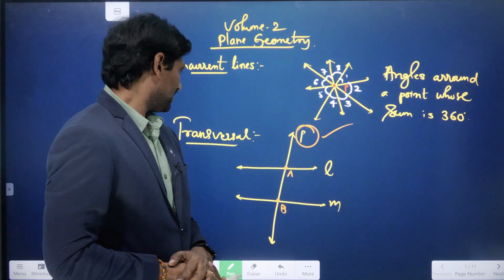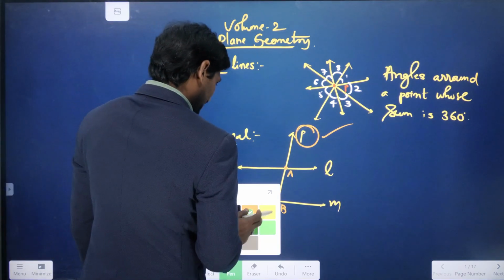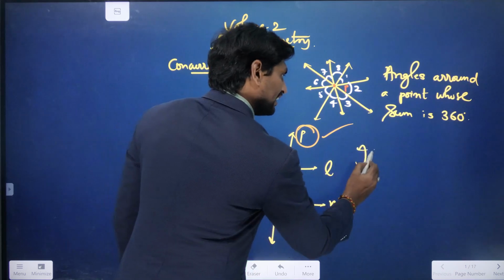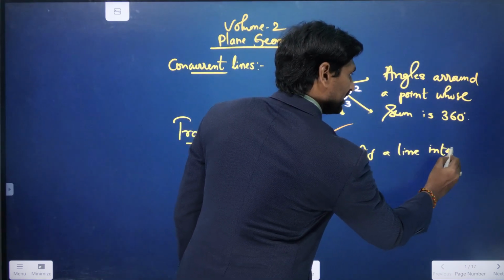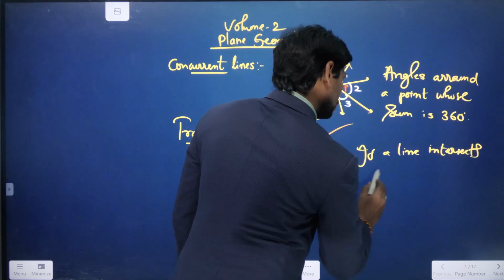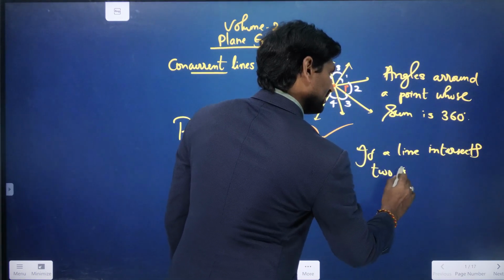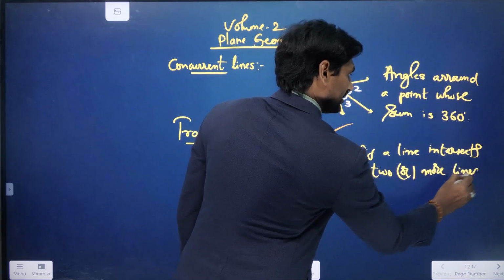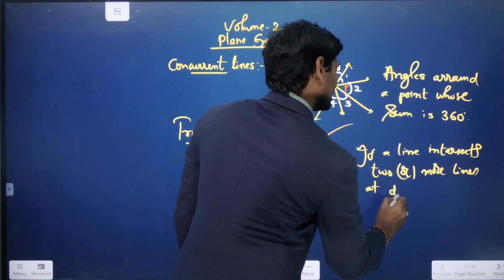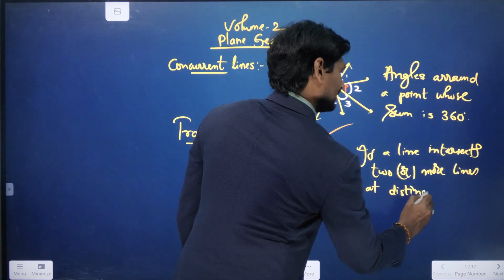Clear? So simply the definition is, if a line intersects two or more lines at distinct points, it is called a transversal line. Distinct is nothing but different.